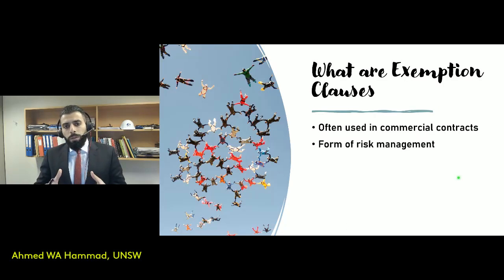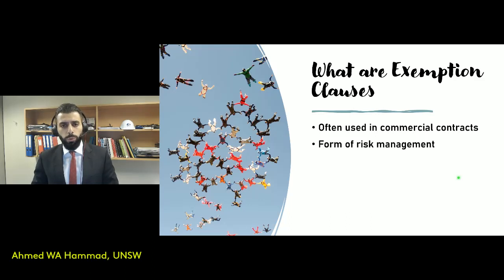In terms of contracts, they're very common in commercial contracts, and of course, we're talking about the construction industry, which is a commercial field. So you find it in a lot of contracts. Most contracts nowadays do have exemption clauses, specifically when you're talking about the construction industry. And the reason for that is because construction is a very risky industry. So there's a lot of uncertain events that you're not sure of.